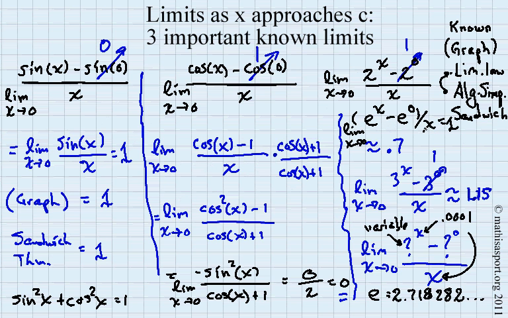In fact, we could use this as the definition for e. And then we could work backwards and show that this definition for e actually gives us the same e that we got from using the continuously compounded interest formula. So those three known limits should be added to our list. I think that's pretty neat.